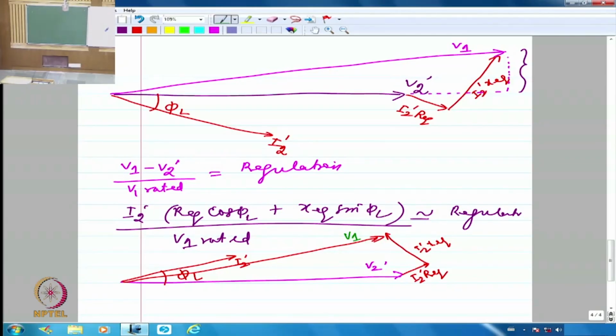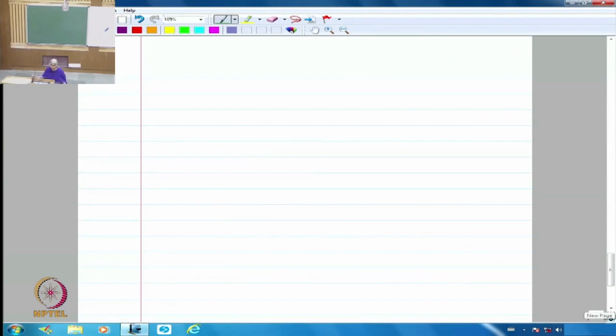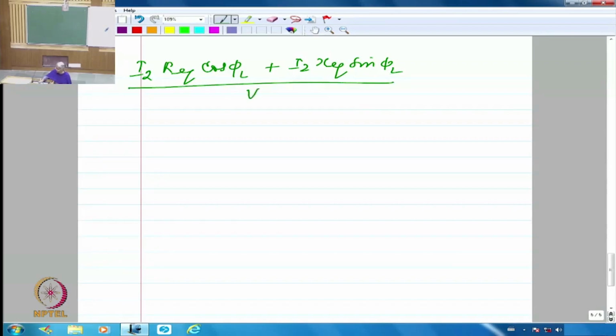Right? And there are conditions for voltage regulation where maximum regulation occurs and where minimum regulation occurs. You can try to derive those as well. That is when you write (I2 R equivalent cos phi L plus I2 X equivalent sin phi L) divided by V2 is regulation.